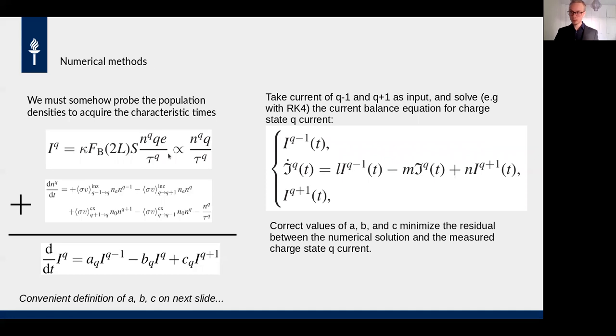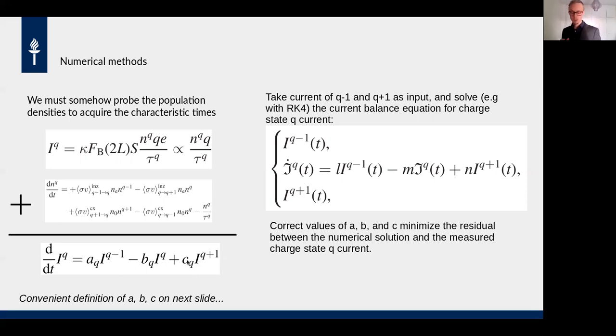We have used this equation to correlate the extracted beam current to the ion density inside the plasma, and to recast the balance equation in terms of the beam currents. So combine this equation with the balance equation, and you are left with this neat equation for the extraction beam currents with the convenient definitions of A, B, and C.